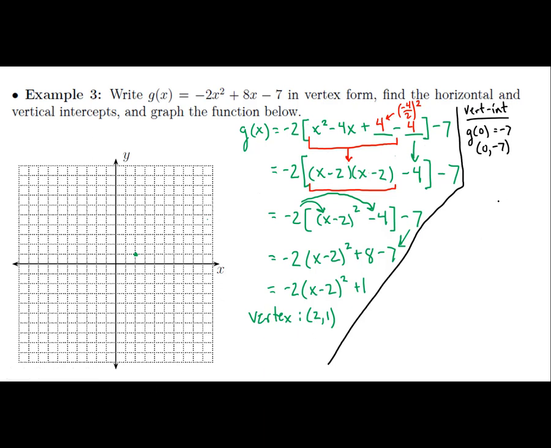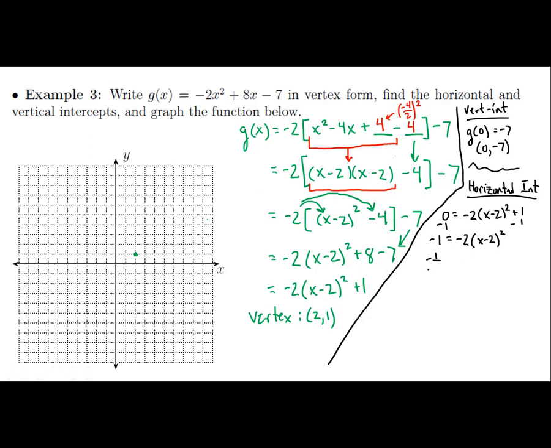And as for horizontal intercepts, we're going to set our function equal to 0 and then figure out what x should be. So subtract 1 from both sides: -2 times x minus 2 squared equals -1.